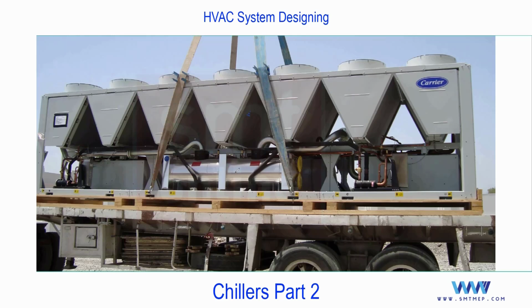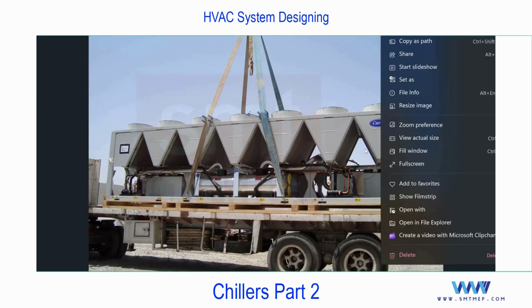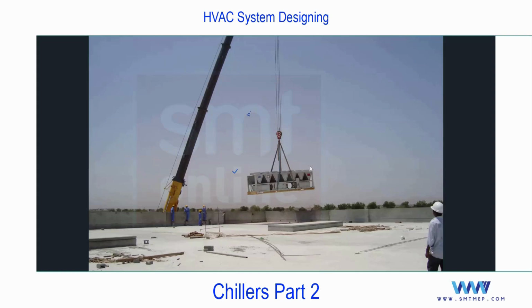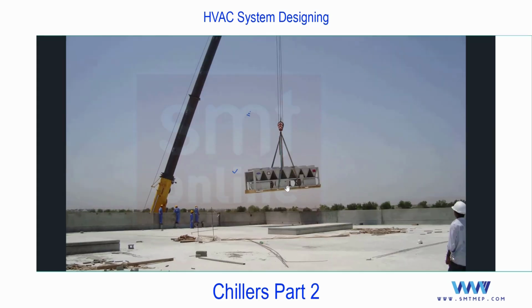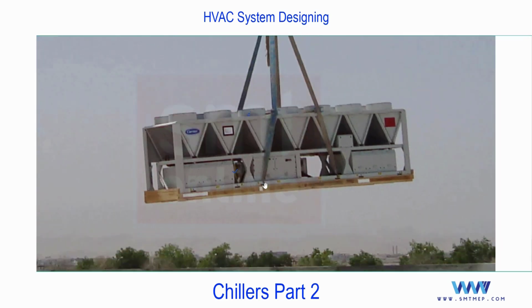You'll find the tubes, and this is shell and tube evaporator, and you'll find the expansion, and on the other side you'll find the compressors also. You see inside this cabinet you'll find the compressor. I'll show you the closer view.